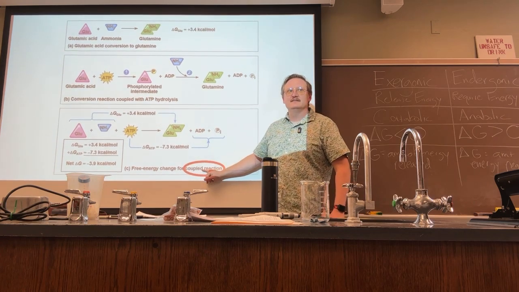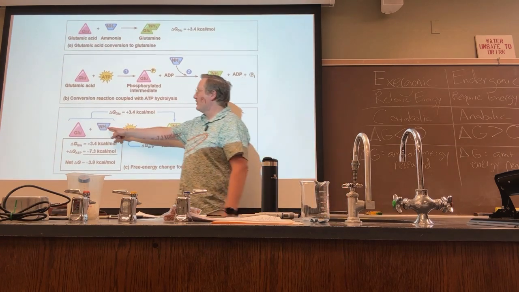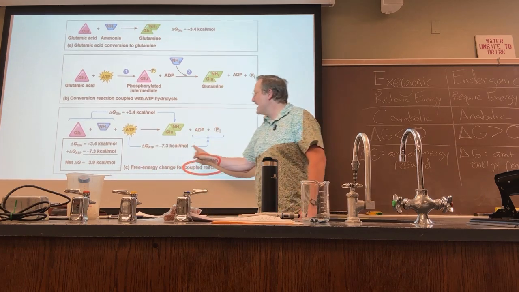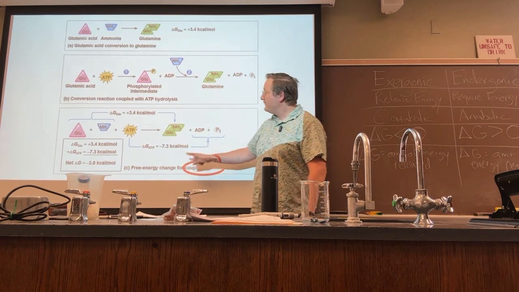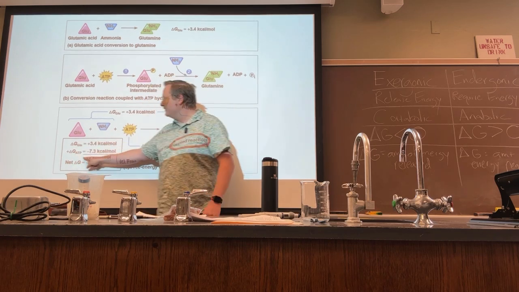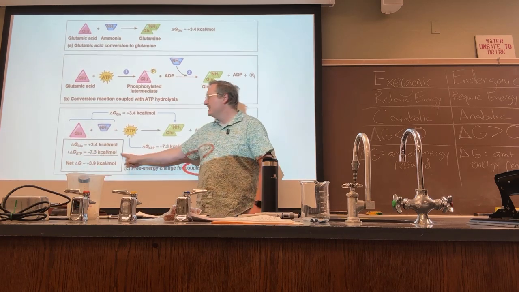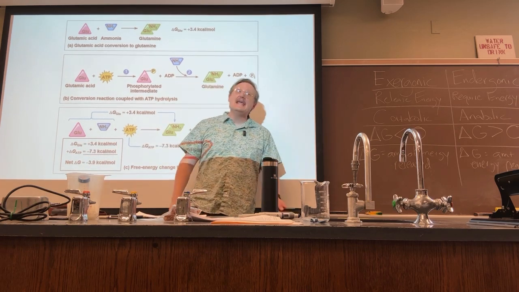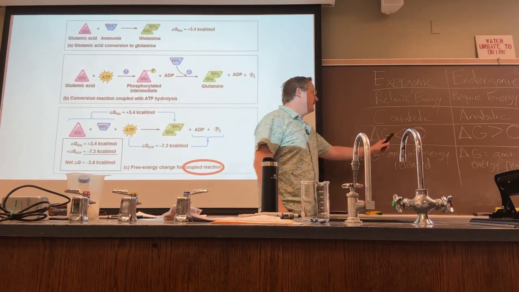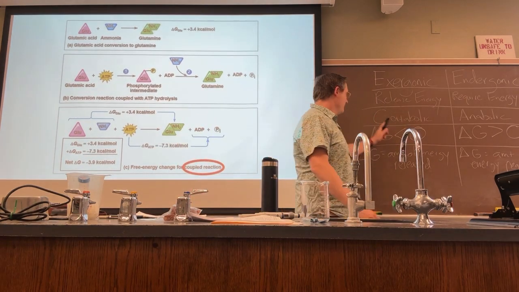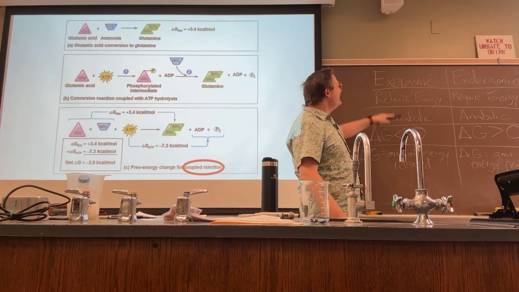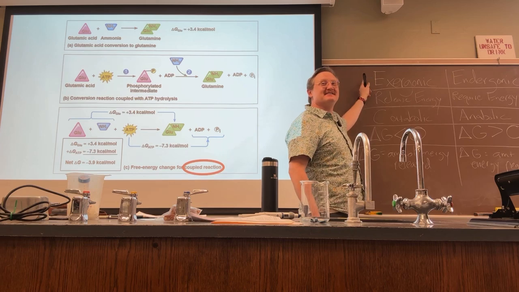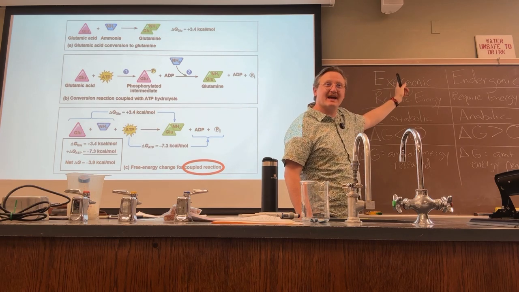Coupled reaction, okay? There's an endergonic reaction going on here. There's an exergonic reaction going on here. If you take the delta G values for the two reactions and add them together, you still end up with a negative delta G value, meaning that it is a net exergonic reaction.